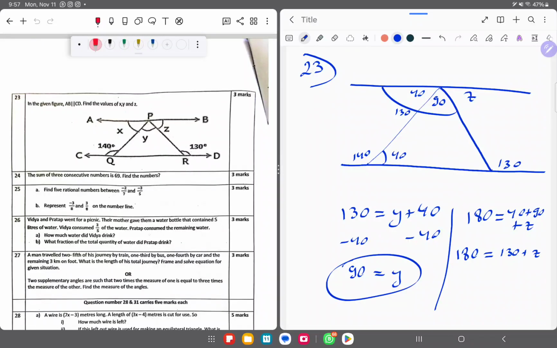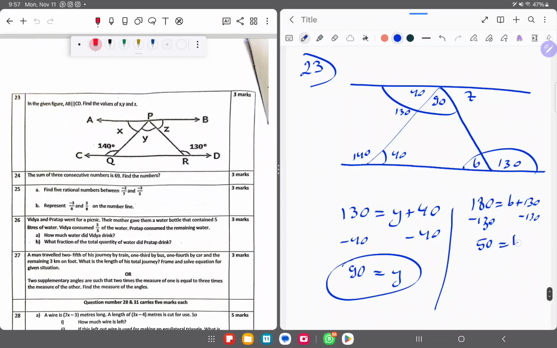But I guess now we already know what z is. I didn't really have to do the 180 in the first place. I should have just looked here. 180 minus 130. This is b. Or if you want to do it properly, 180 is equal to b plus 130, minus 130 on both sides, so 50 is equal to b. b is equal to 50.